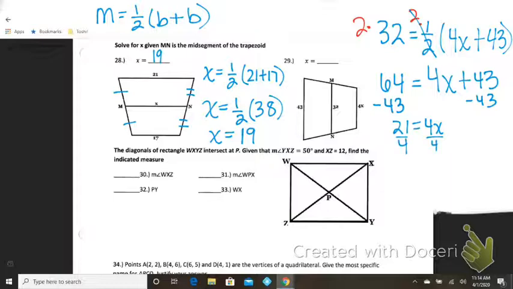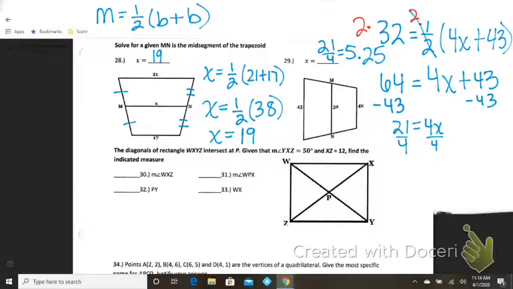I would be fine if you left it as 21 over 4, or if you really want to put it as a decimal, 21 over 4 would be 5.25. Don't round it. You should either give me the improper fraction or the full decimal answer. All right, so that is it for 29.